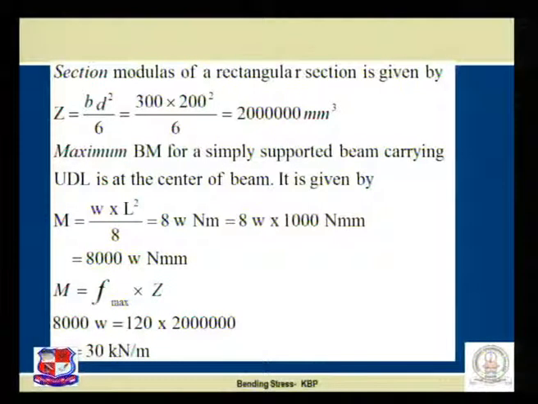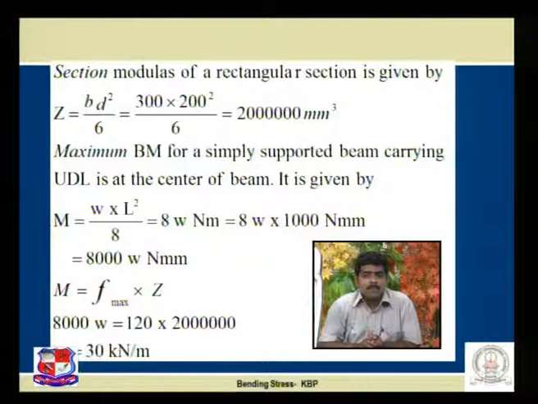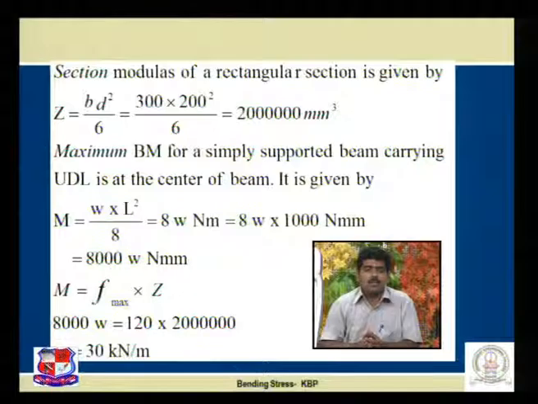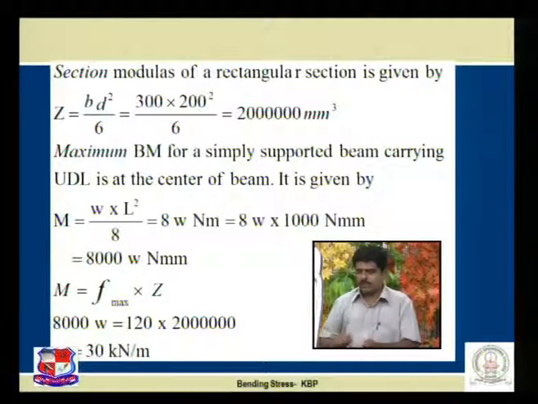Now, the maximum bending moment for a simply supported beam carrying a UDL is at the center of the beam. It is given by WL square by 8. Let us understand these things on the tabletop.